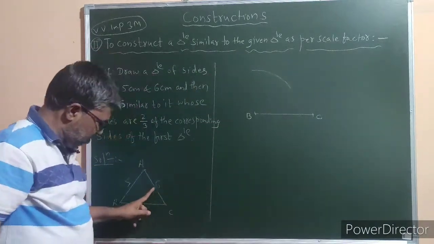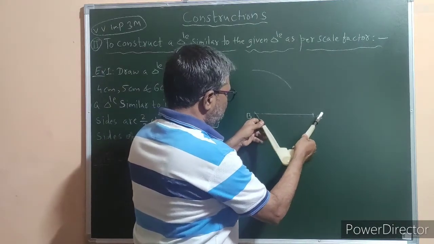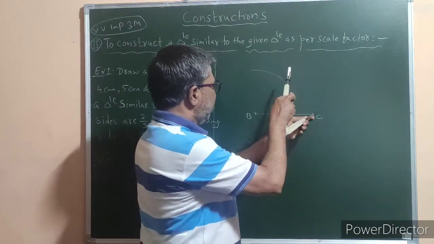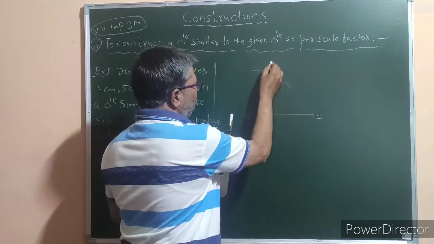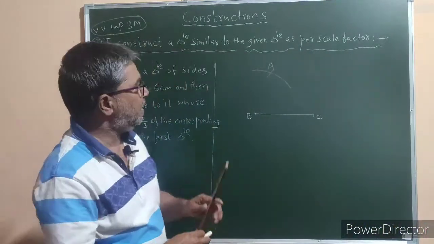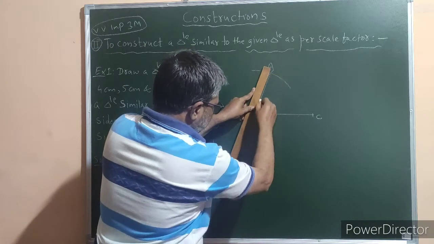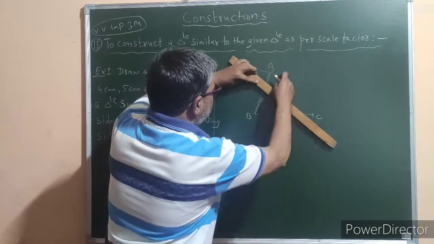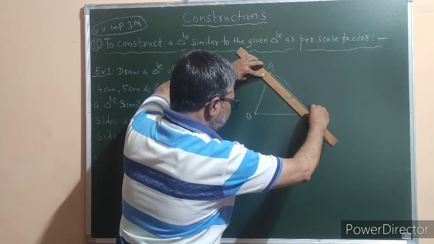Now taking 6 centimeter distance on compass, assuming point C as center, cut this arc to get one point, and you name that point as point A. Then from point A join to B, and again from point A join to C by means of line segments.